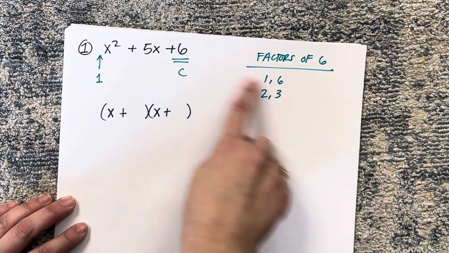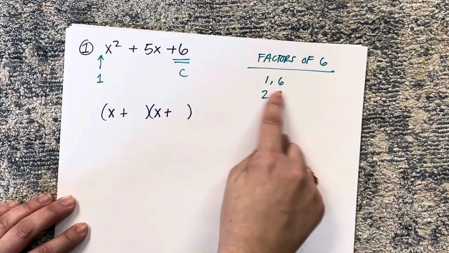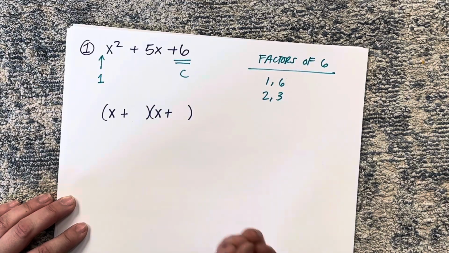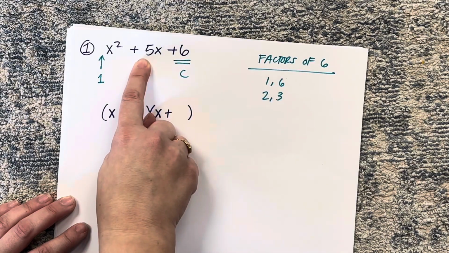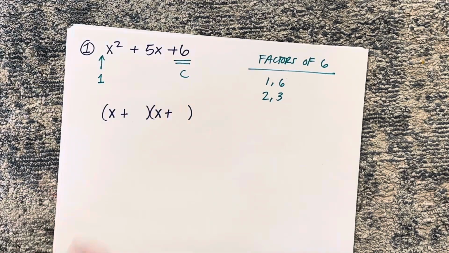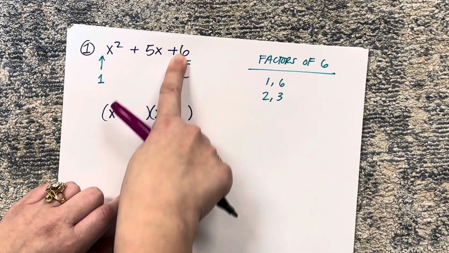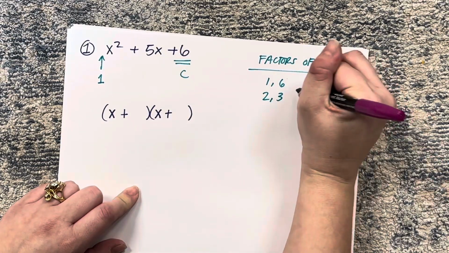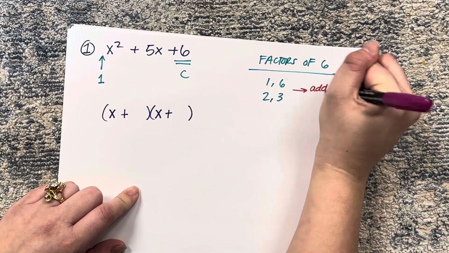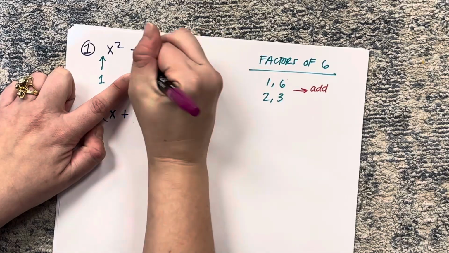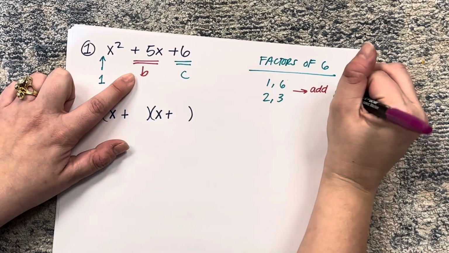So I know 1 times 6 is 6, and 2 times 3 is 6. How do I choose which one of my factors of 6? Well, if I add them together, I should get whatever my B term is. So multiplied together, they should equal your C term, and if I add them, they should give me your B term.